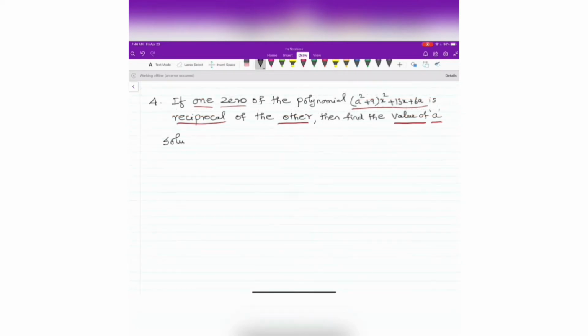Solution. Let f of x is equal to a square plus 9 into x square plus 13x plus 6a.